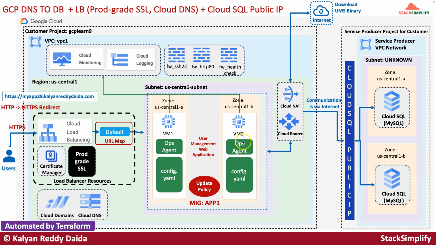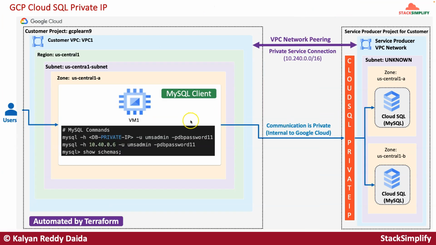Once this is done, we'll move on to the next thing, which is GCP Cloud SQL private IP. For this we are going to learn about the private service connection concept, and then we are going to enable the private service connection between our VPC and the service producer VPC network where Cloud SQL is present, and then enable private communication between our VM instances present in our VPC and the Cloud SQL database.